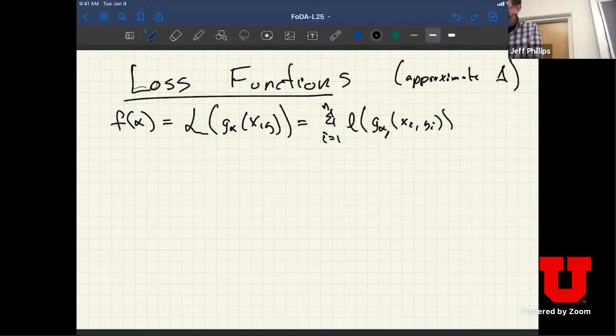Let me put a comma: it's not g of alpha of x i and y, it's g of alpha comma x i and y. I'm not going to apply it on x, y; I'm going to take the function and apply it on the set. The loss function takes in the g of alpha function that makes the prediction, as well as a data point, and it's going to output some score.